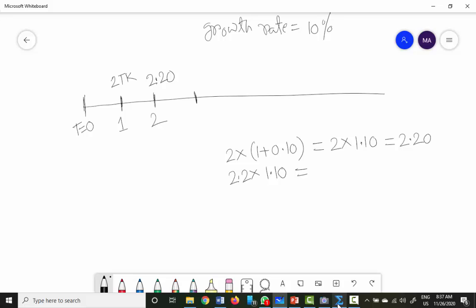So 2.2 multiplied by 1.1, we will get 2.42. So at the end of the third year, we should get 2.42 taka.